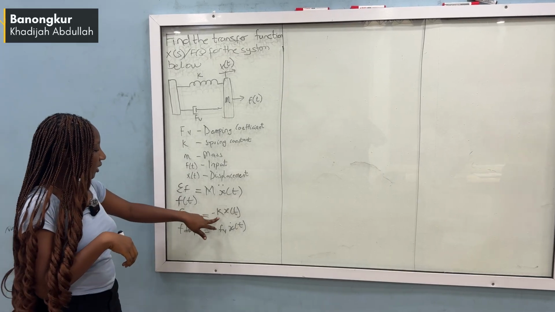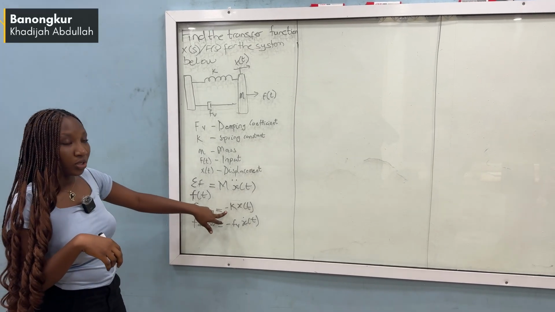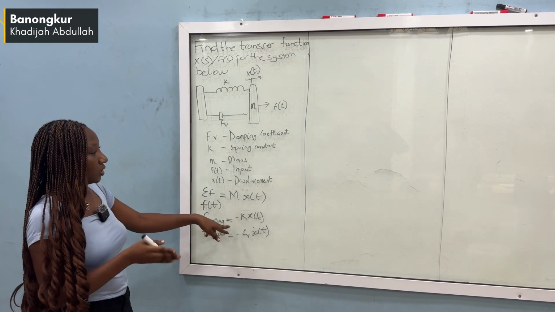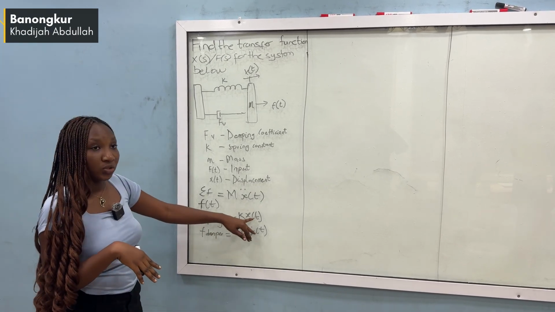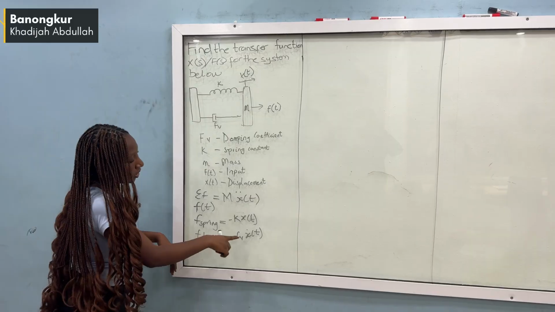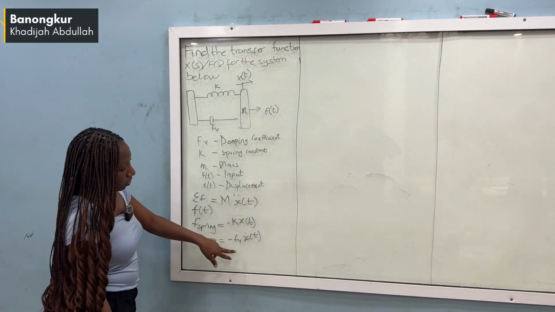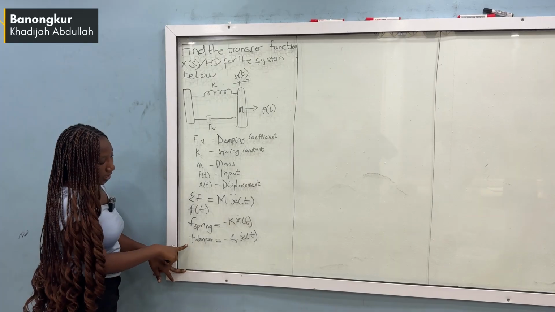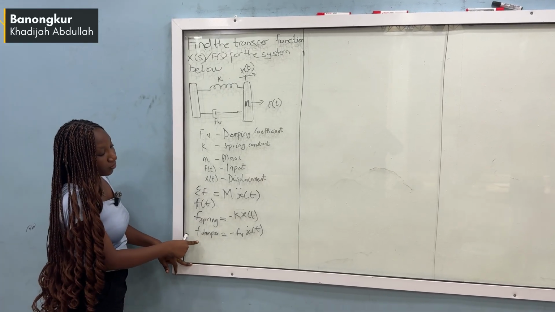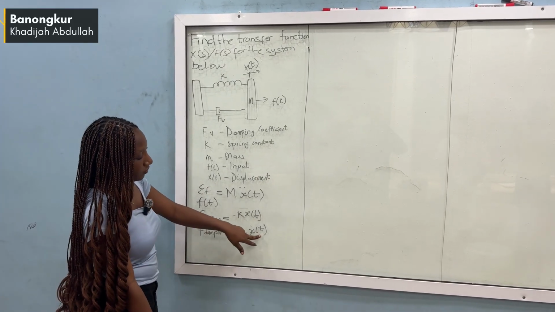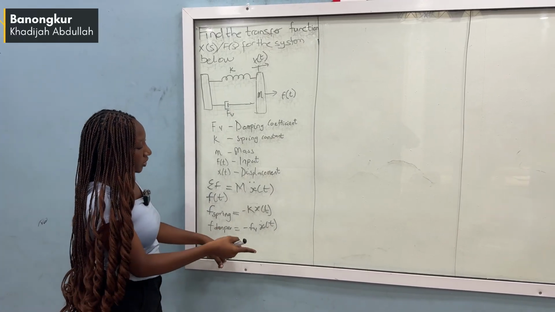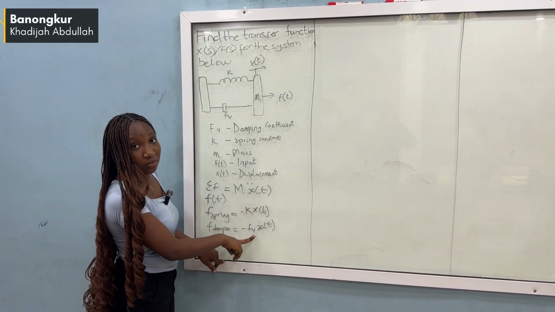The negative attached to the spring force shows that the spring force moves in the opposite direction to the displacement. Here, the first derivative of the displacement is the velocity, so the damper force is equal to the constant times the velocity, and the negative shows that it moves in the opposite direction to the velocity.